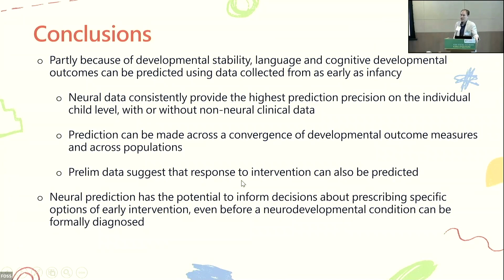Prediction can be made across a convergence of developmental outcome measures across different populations. And our preliminary data suggests that response to intervention can also be predicted. Neuroprediction, therefore, has the potential to inform decisions about prescribing different options of early intervention, even before a neurodevelopmental condition can be formally diagnosed.